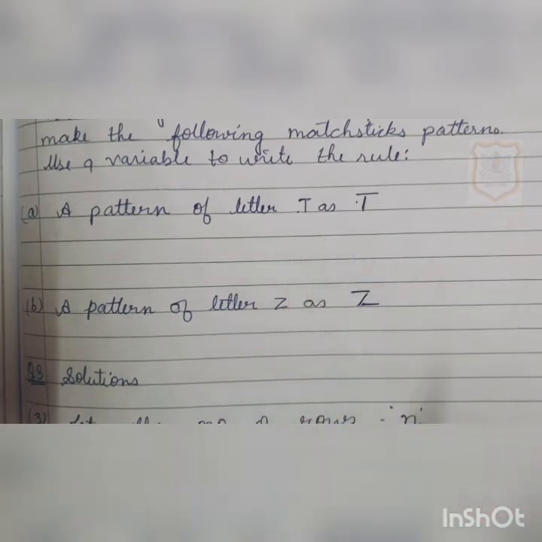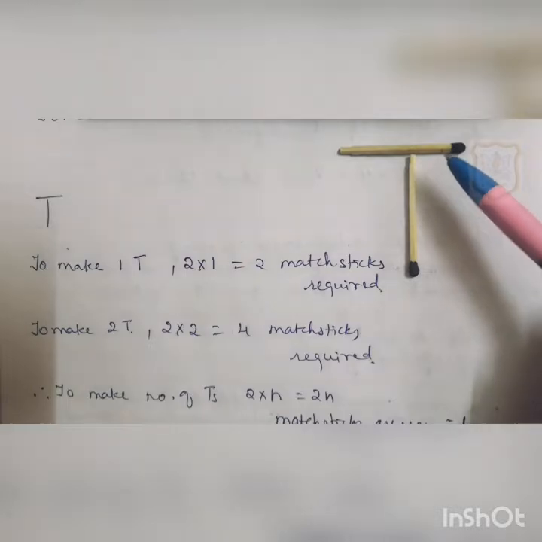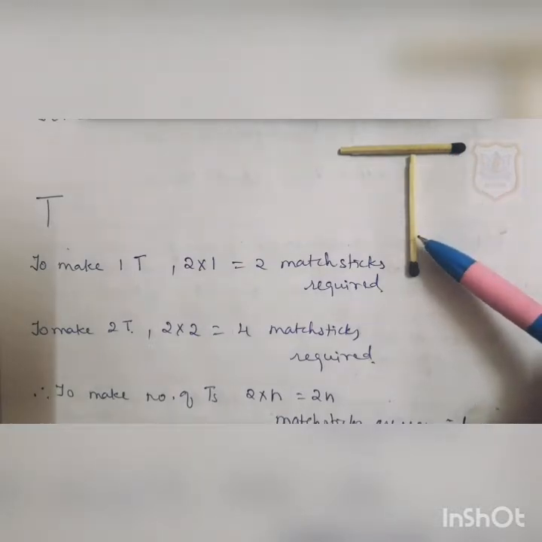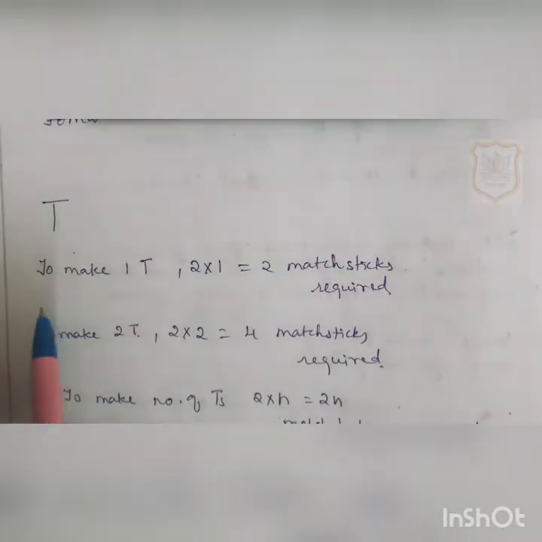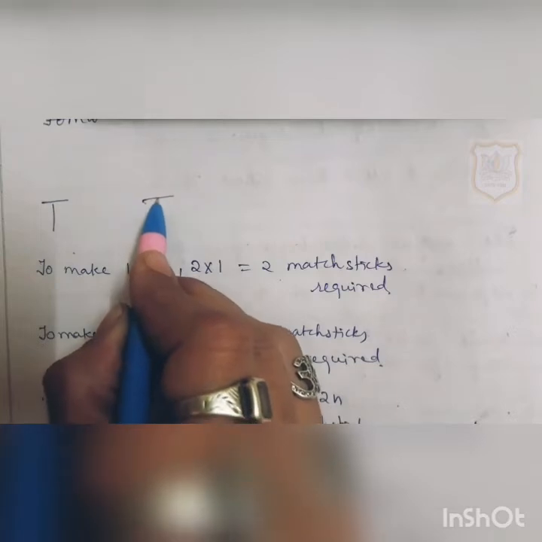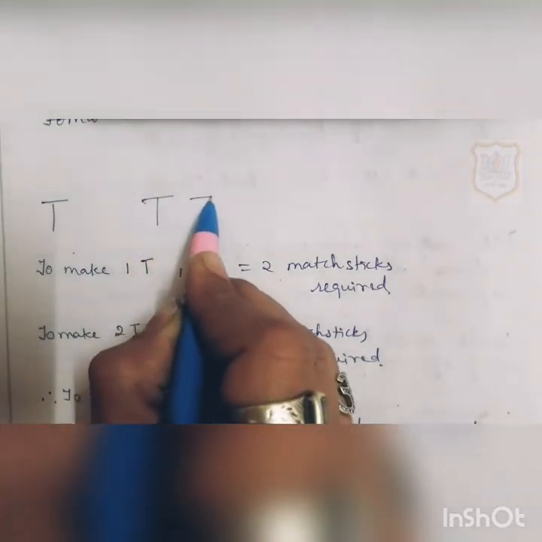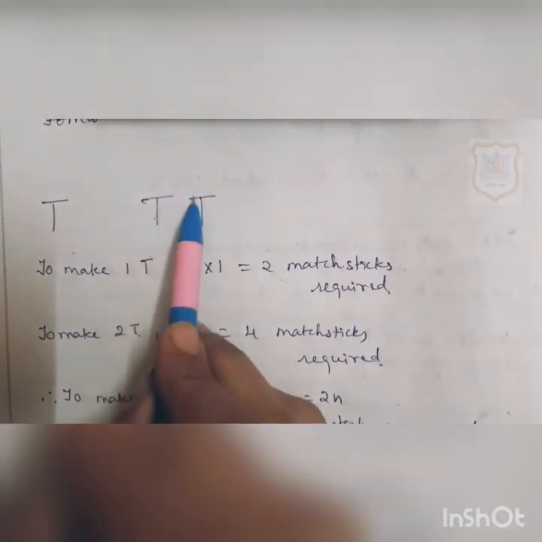Now, to make T, we require two matchsticks, one horizontal and one vertical. So, you can see the matchsticks. We need two matchsticks to make one T. In the same way, to make 2 T's, we need 4 matchsticks: 1, 2, 3, 4.